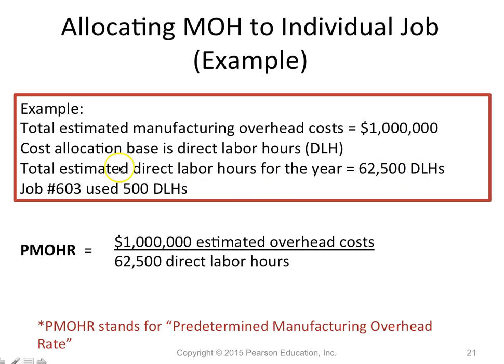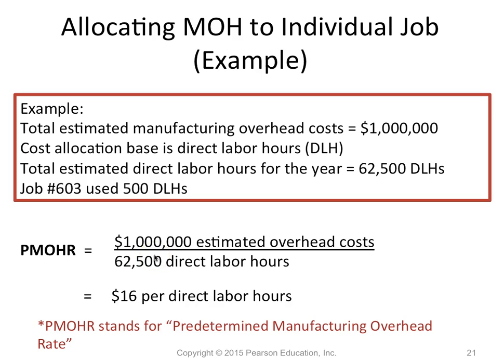So it's also an estimation because we are at the beginning of December, so we don't know the total hours, but we do have a pretty good picture of how many direct labor hours we will need. So you need to divide by this, and it will be $16 per direct labor hour.